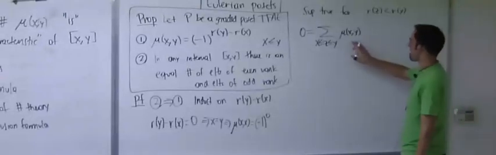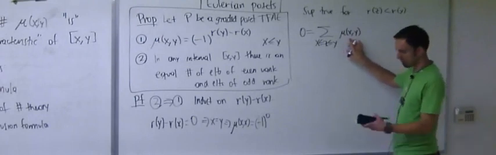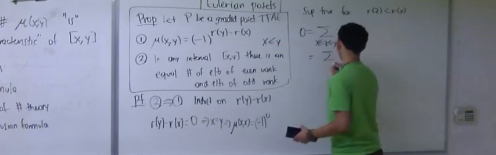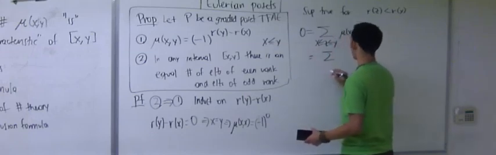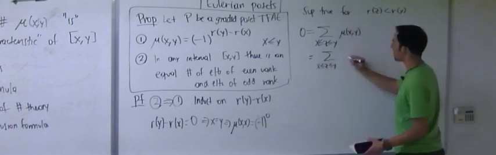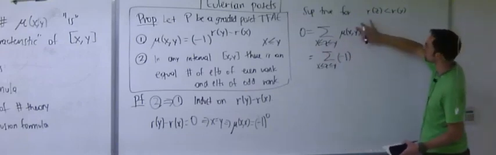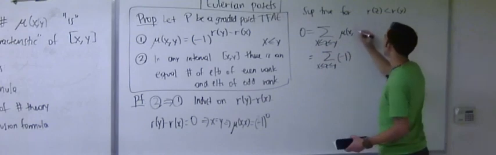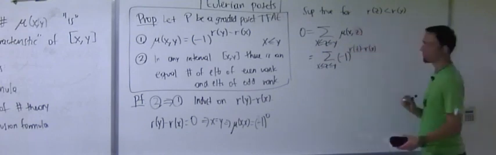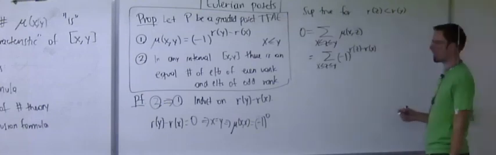Now, I know what all of these numbers are, except for mu of x comma y, right? So I know that all of them are -1 to the, actually this is x comma z, I'm sorry, right? So I know that all of them are equal to this, except for x comma y, right?